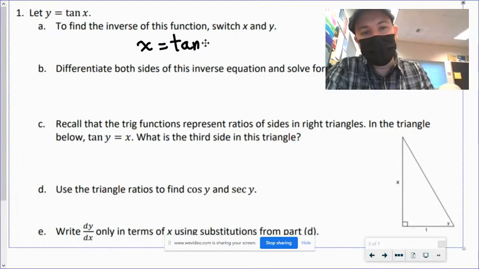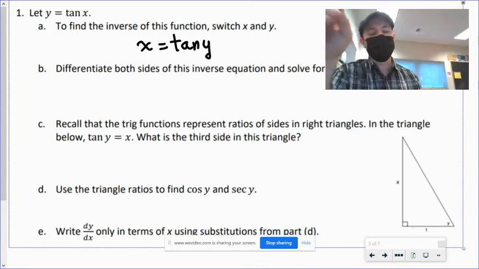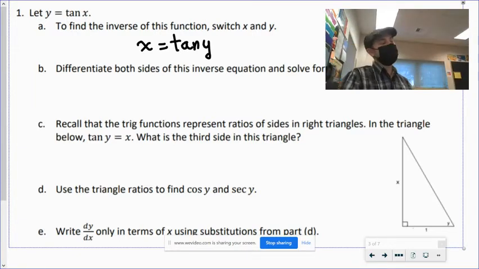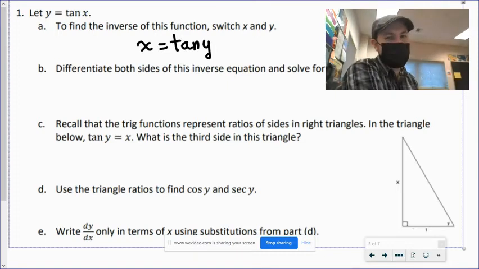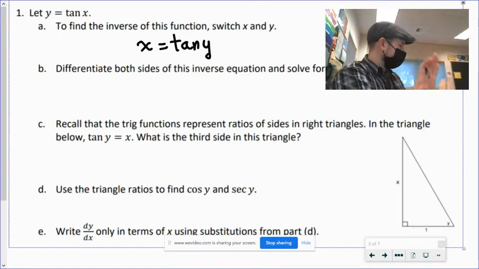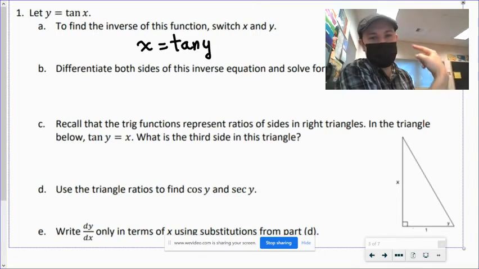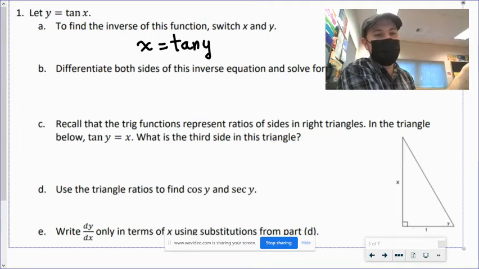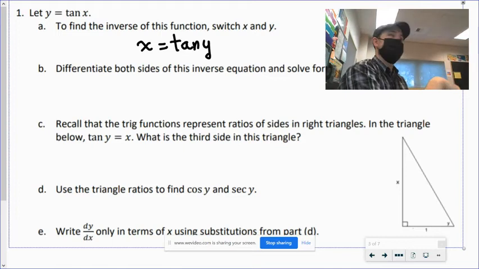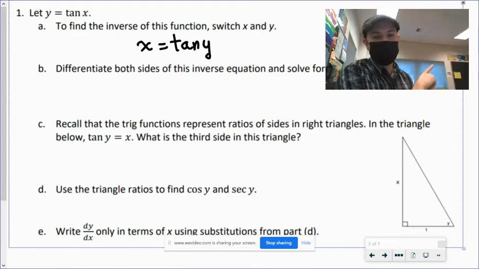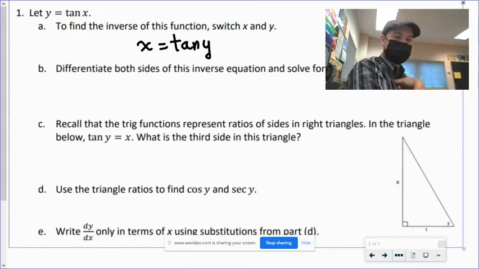I have to be honest, this really bothered me when I first learned that in like algebra 2 is when we first saw inverse functions. And when I saw it in high school, I did not like switching the x and the y. And what I actually did was in my head, I just imagined I don't want x to be the input anymore. I want x to be my output. But for a lot of people, writing it that way is really helpful.